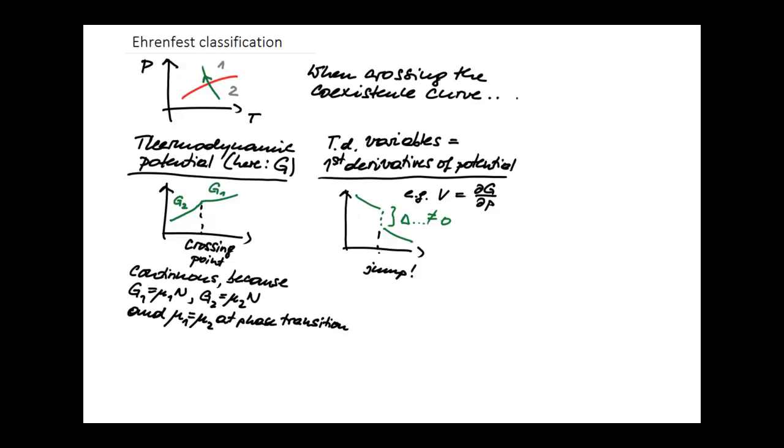Next, we can move to the next highest order in partial derivatives of the thermodynamic potential. We can look at thermodynamic coefficients which are related to second order partial derivatives of the potential. So, for example, we looked at the specific heat at constant pressure, we looked at the isothermal compressibility, all of these can be obtained from the relevant thermodynamic potential by taking second-order partial derivatives.